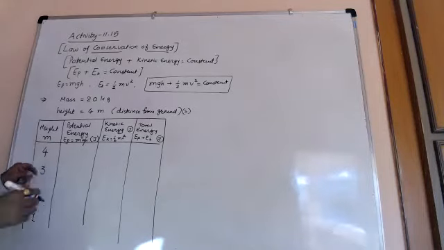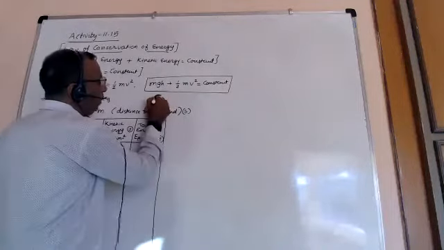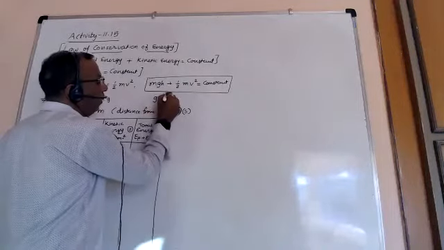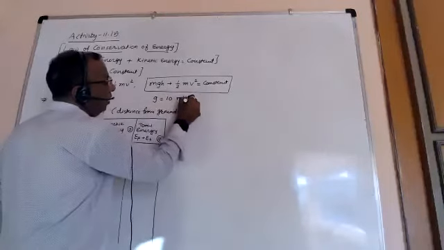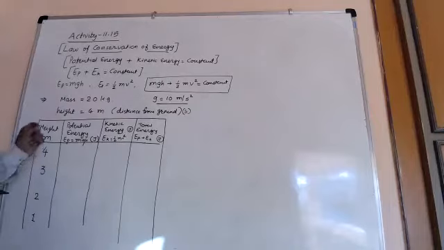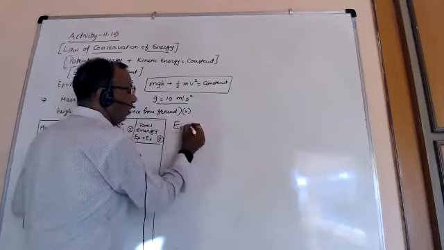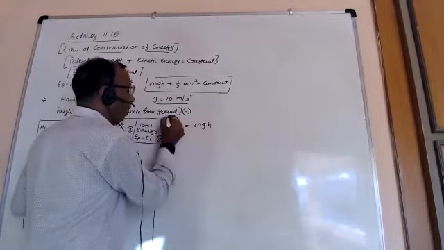First of all, the value of g is given as 10, it is to be taken as 10 meter per second square. It is also given in your activity. So let's start first, friends. First EP is mgh, case 1.